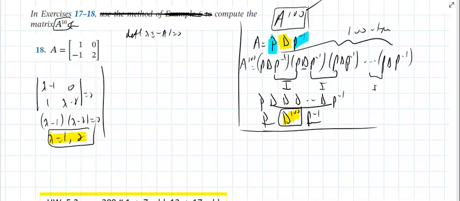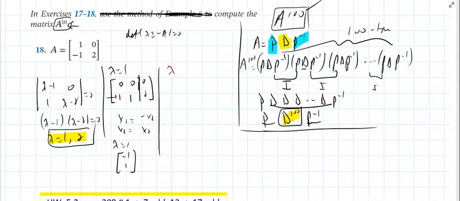Now, if it's up to you, you could start with lambda equal 1. You could start with lambda equal 2. It makes no difference. If I start with lambda equal 1, that's 0, 0, 1, 1. So x2 is free, and x1 is negative x2. So with lambda equal 1, I'm getting the vector negative 1, 1.